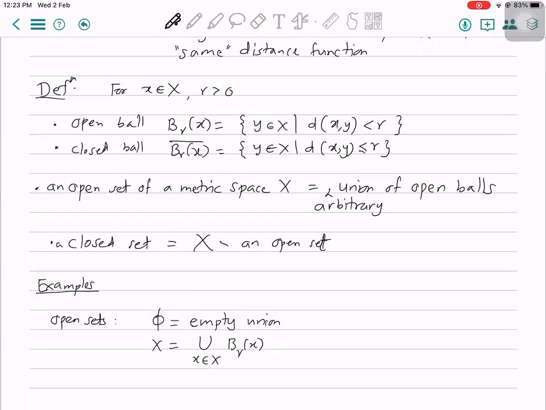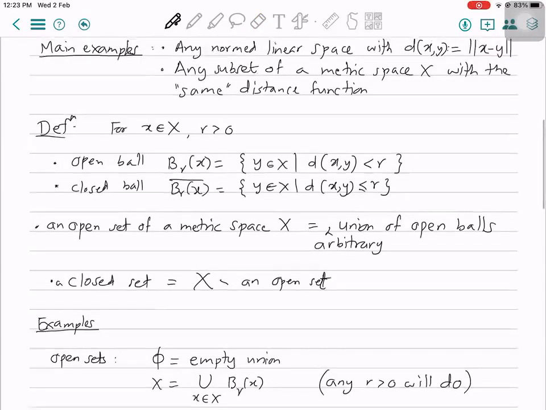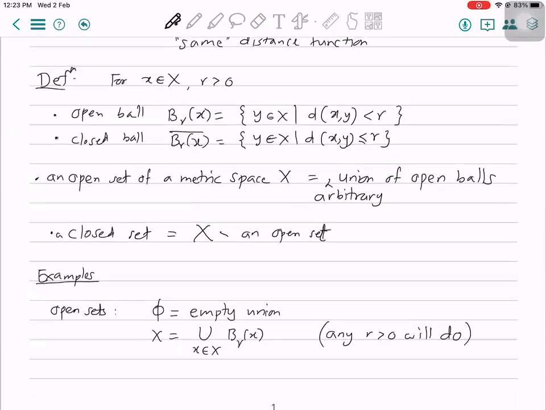But of course, any r greater than 0 will do. Okay, so notice one thing: in the definition of a ball, I always took r to be greater than 0. In particular, if I actually take a ball, the ball will always be non-empty. The center will always be there. Okay, so those are open sets.